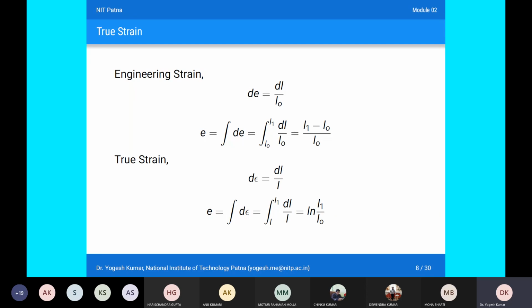This becomes the integration of DL over L, which ends up as the natural log of L. Because we are computing between LO and L1, this will be the natural log of L1 upon LO. So I hope up to this point it is clear how we compute true strain in the case of the tensile test.